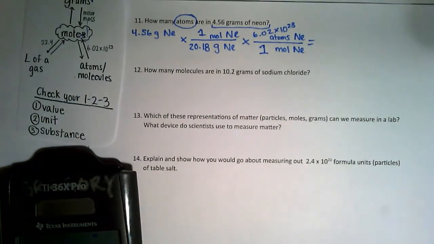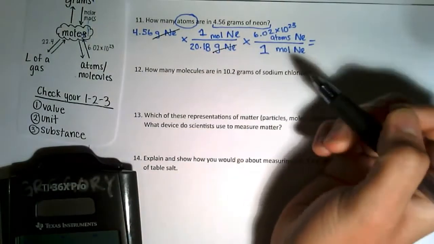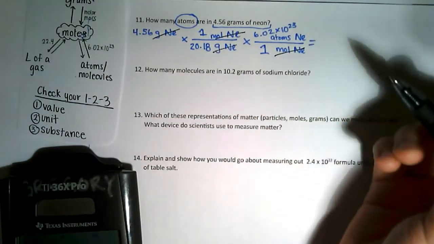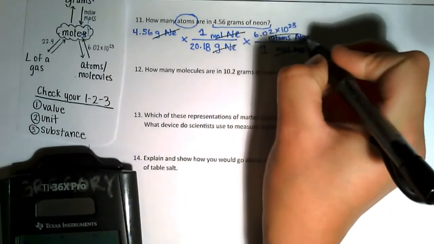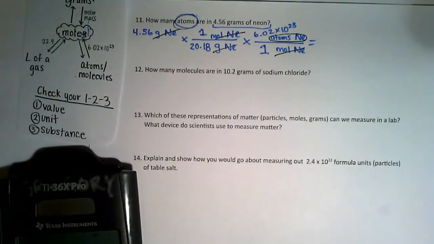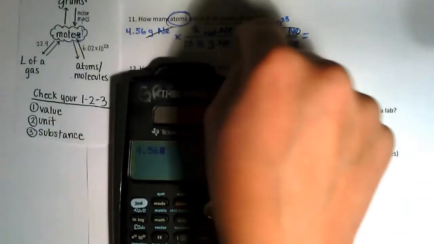So now I need to make sure my units cancel. Grams of neon cancels with grams of neon, and moles of neon cancels with moles of neon. So now I'm just going to be left with atoms of neon, which is what I wanted in my problem. So we need our calculator. We're going to put 4.56 and multiply it by everything on top.